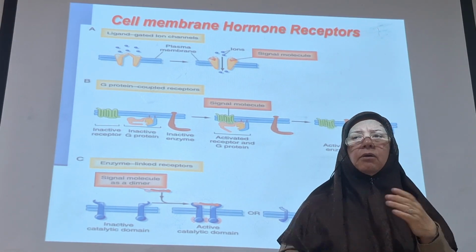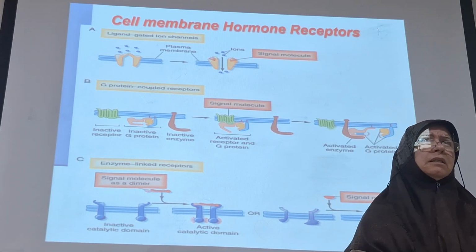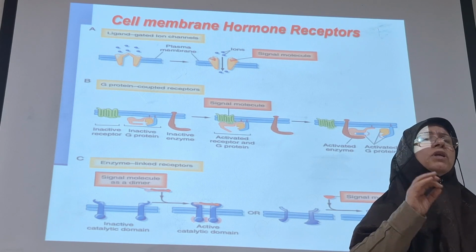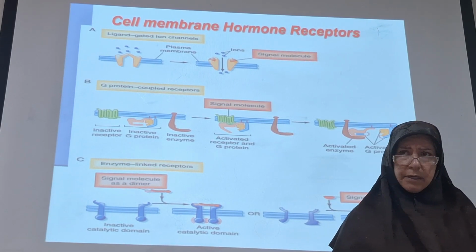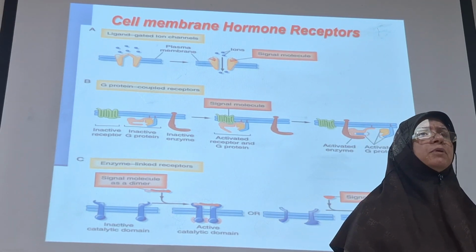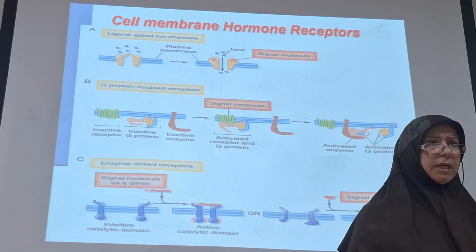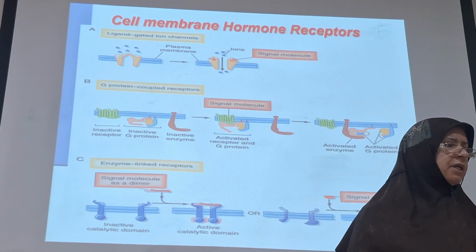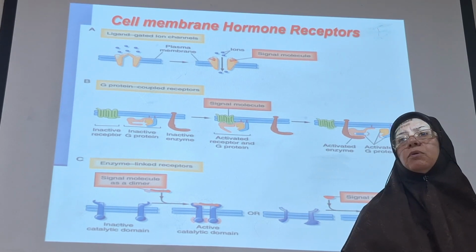As far as I know, we have no classic hormone acting via this type. So all peptide hormones and catecholamines act via these two, B and C: G protein coupled receptors and enzyme receptors.